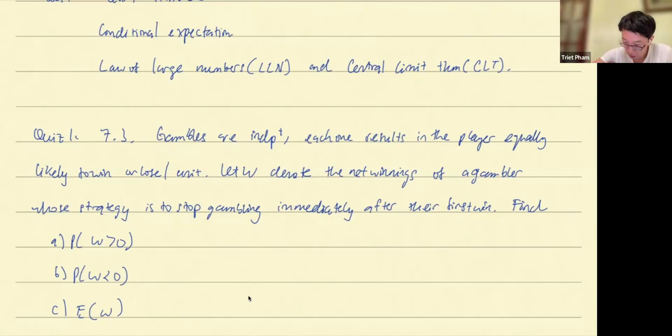It's very easy to misread W. Because the strategy is to stop gambling right after the first win, it's easy to misread W to be 1 with probability 1, because you're going to win 1 unit. And so the answer here is 1, 0, 1. Is that correct?